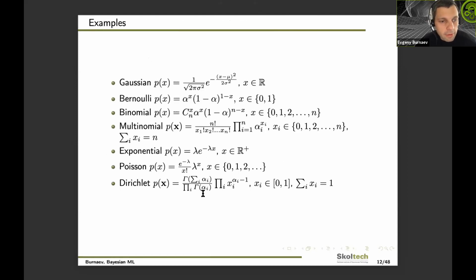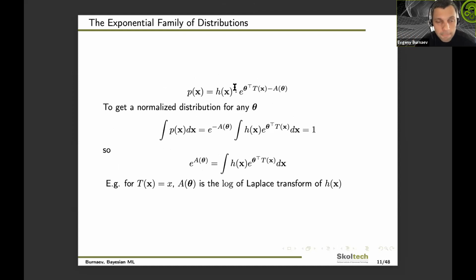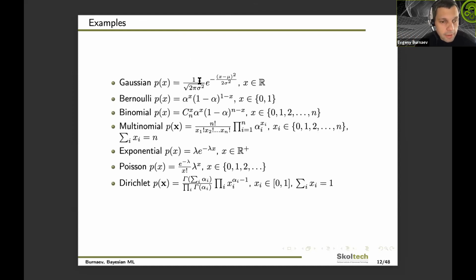These are examples of distributions belonging to the exponential family of distributions. For different functions a of theta, h of x, t of x, we can prove that from this general formula here, we can get any of these one-dimensional and multi-dimensional distributions.